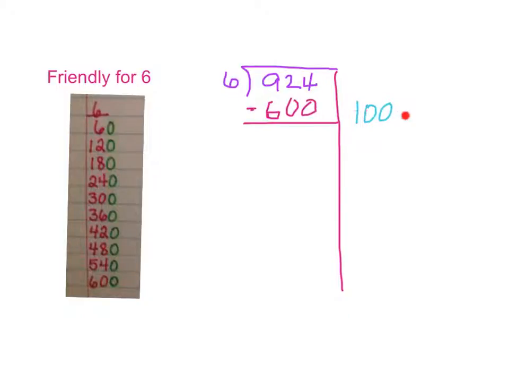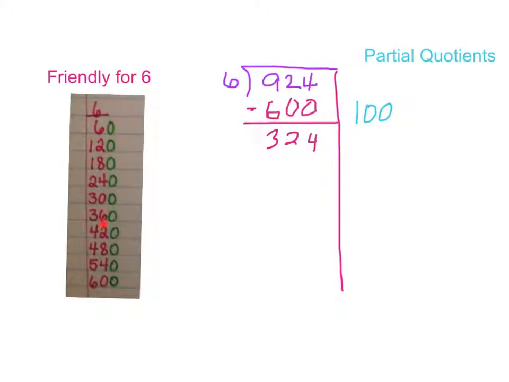So I have to write 100 over here. It is one of my partial products. I'm sorry, not a product, a quotient, partial quotient, because I'm doing division. Okay, so now I can subtract. And 924 minus 600 is 324.